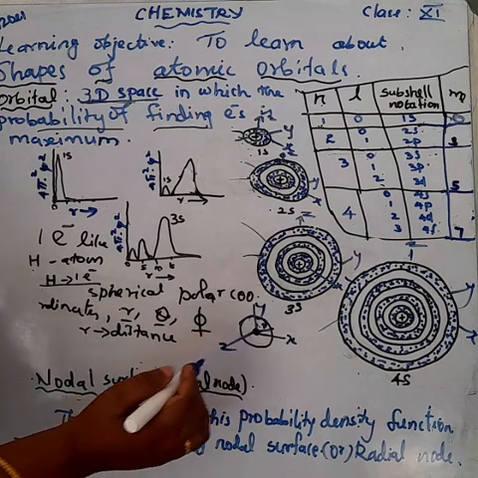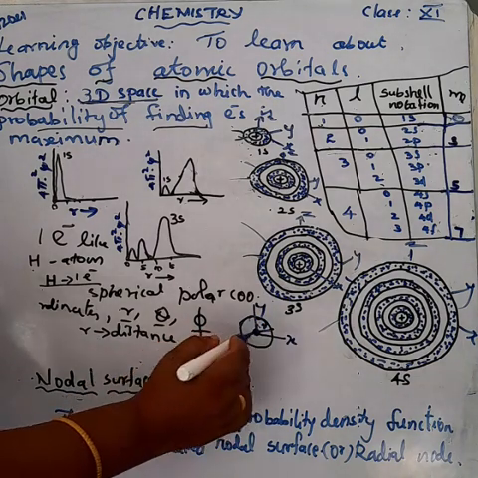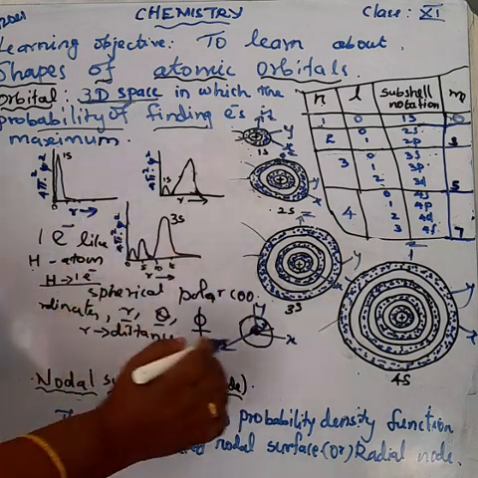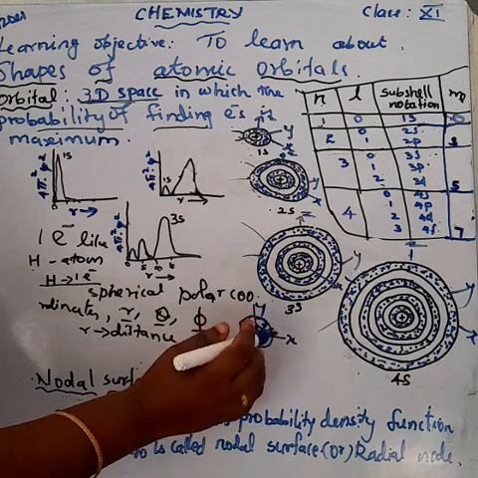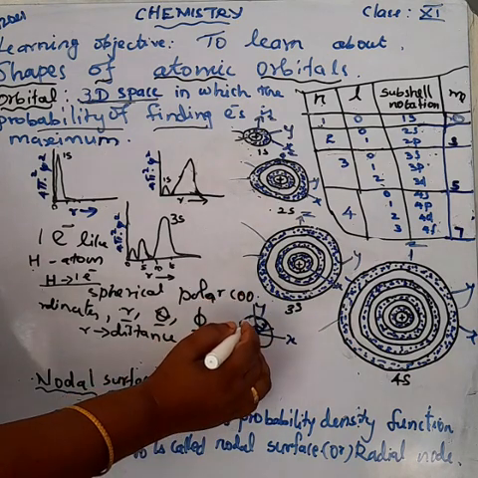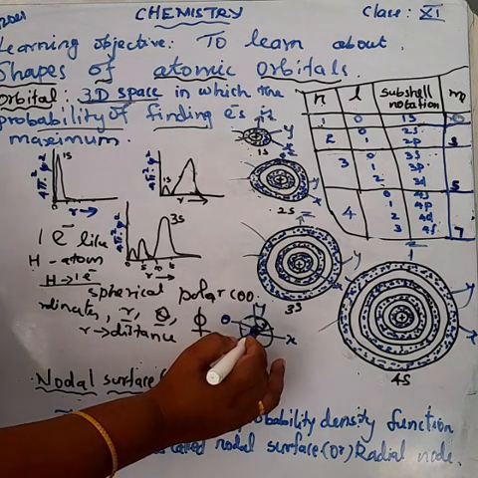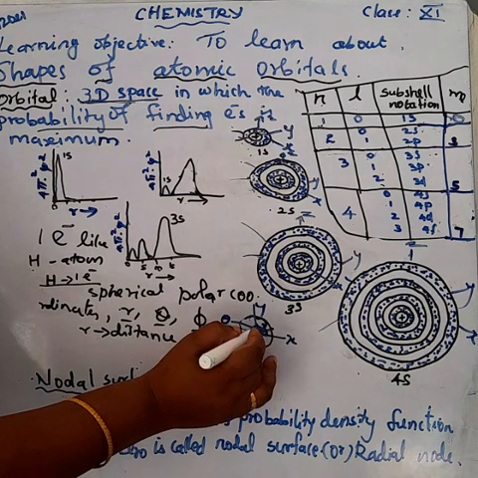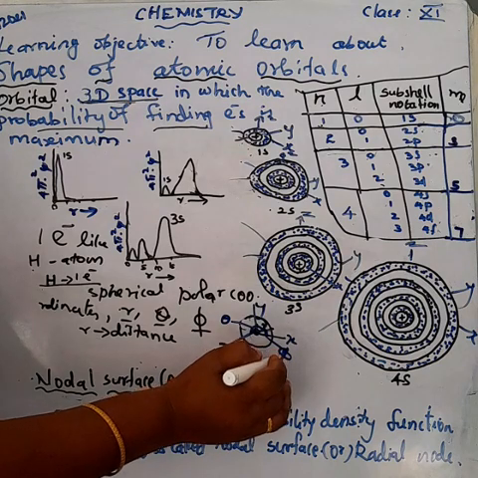And theta, what do we mean by theta? Theta means the angle between the z-axis and r. And phi means the angle between the x-axis and r.